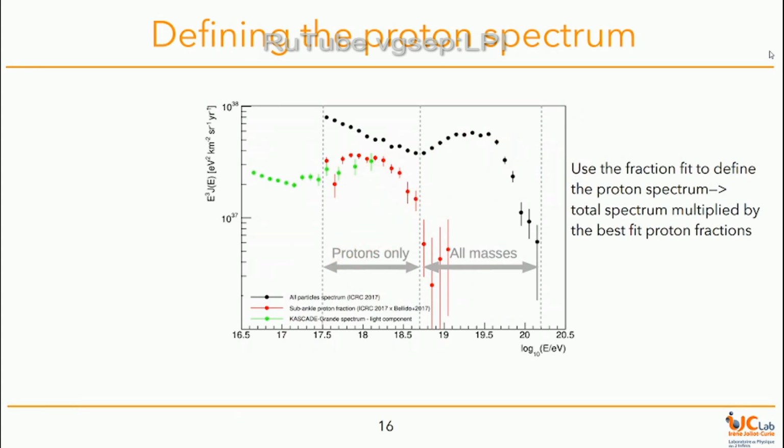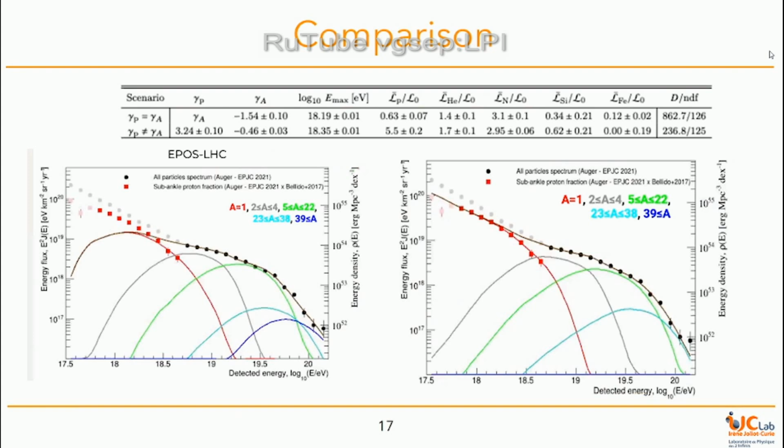What we found is that if we use the same scenario as before, the deviance is really, really worse. Instead, we give one more free parameter, which is the spectral index of the protons, which we assume to be different with respect to the spectral index of the other nuclei. We get a deviance which is mostly the same as what we got before.